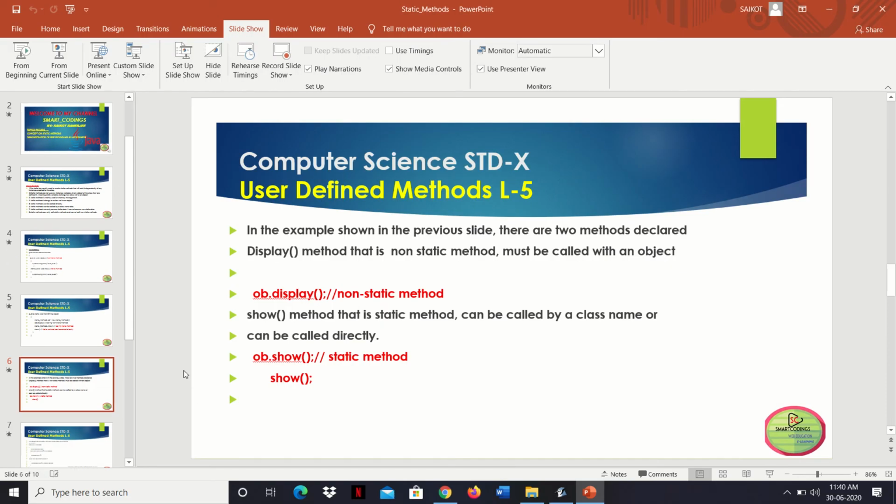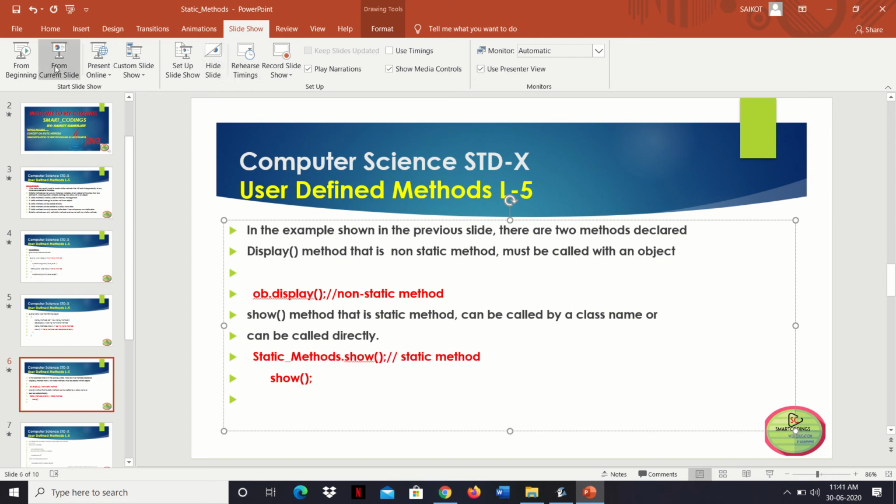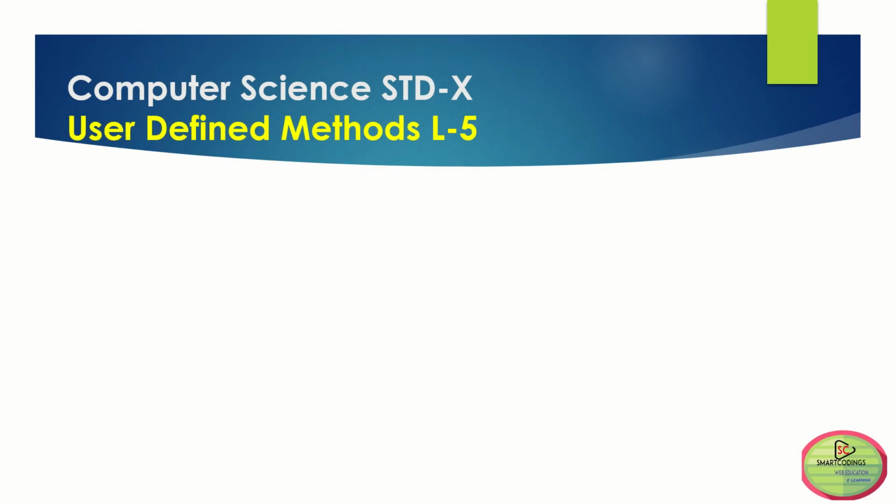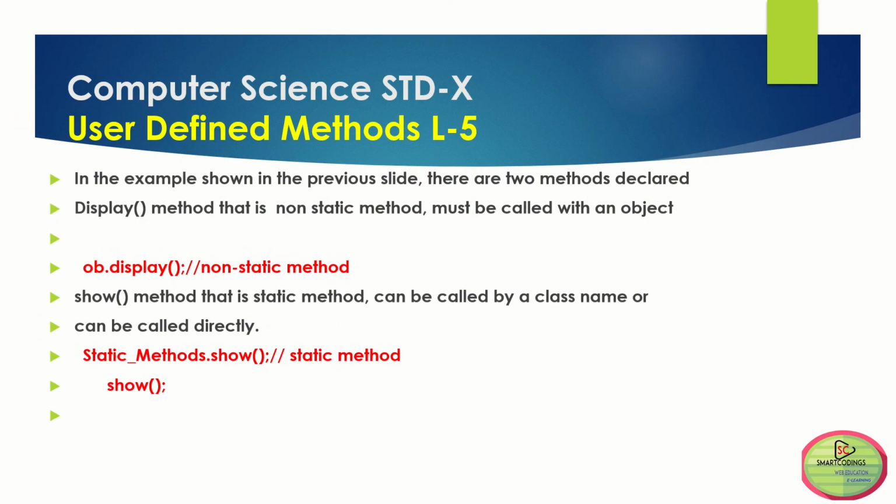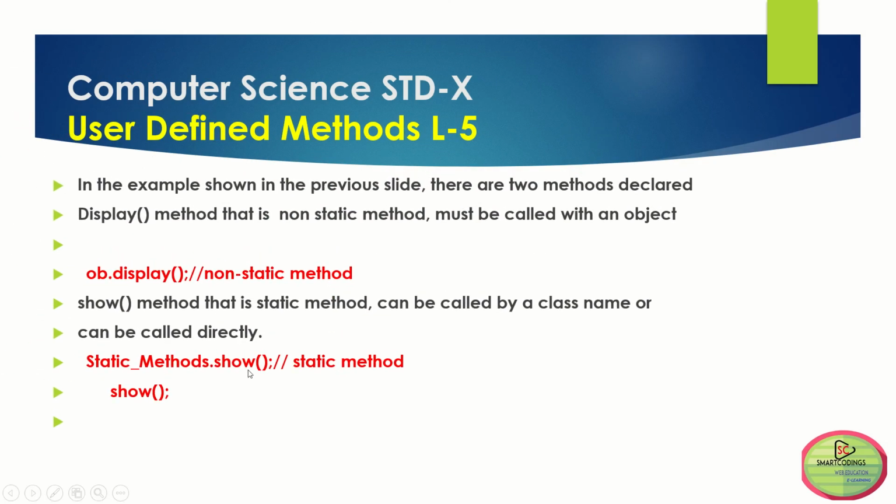It will be a class name dot show, the static method. Control S. Now we will go to the class. A static method can be called using a class name, show method, or directly like this. This is what a static method is. A few concepts.